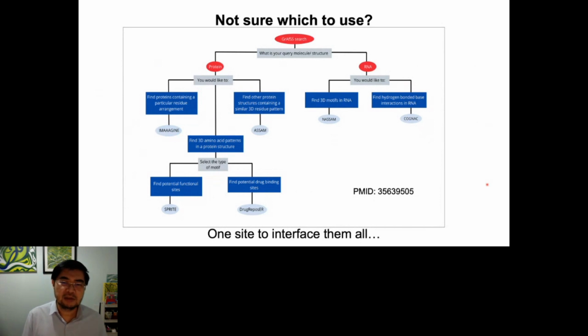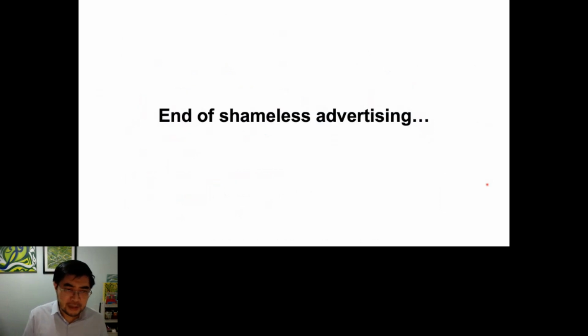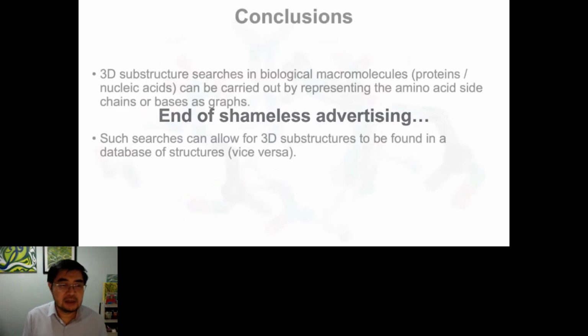So it basically asks you what's your query molecular structure. And if you answer protein, then it takes you through the rest of the steps until you get to the point where you want to end up. So that's the end of my shameless advertising.